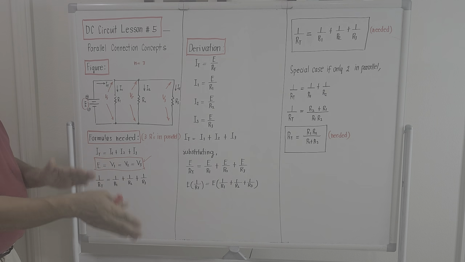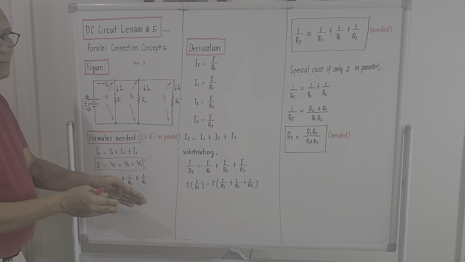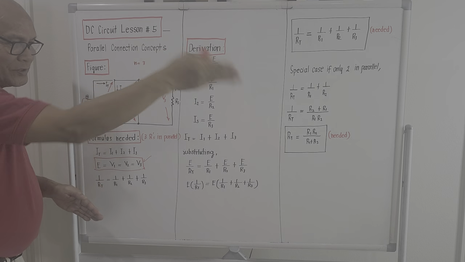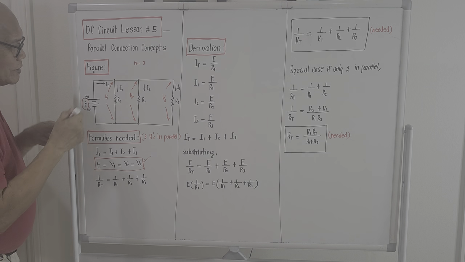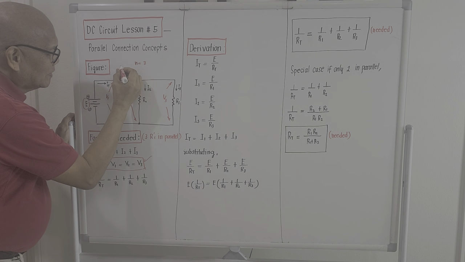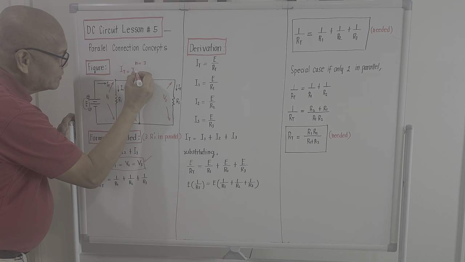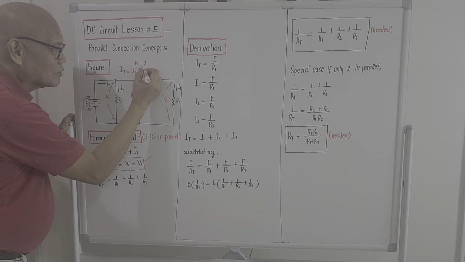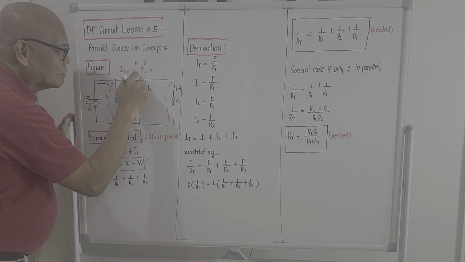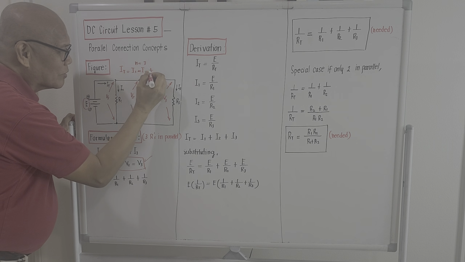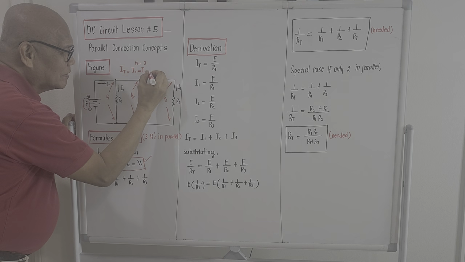That's the difference of the parallel connection compared to the series connection. Because for the series connection, the common there is actually the current, that is I total is equal to I sub 1, equal to I sub 2, equal to I sub 3.